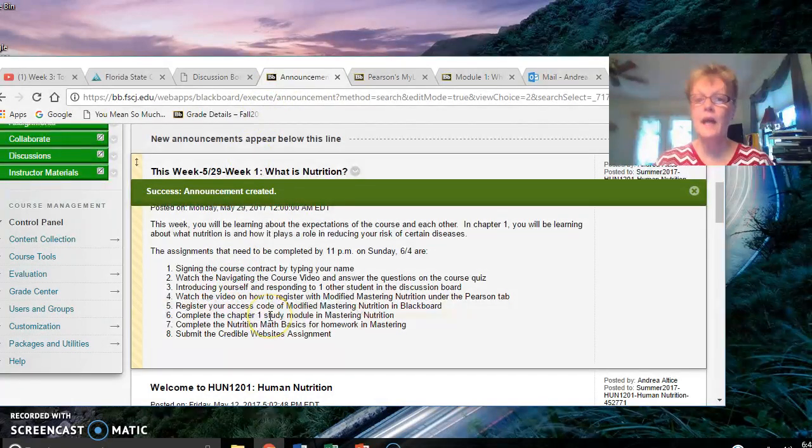Now, the assignments that need to be completed by 11 p.m. on Sunday, June the 4th: you have a couple of assignments in mastering. One of them is the Chapter 1 study module, and the other one is the nutrition math basics. That's a homework assignment. Believe it or not, we have some math in nutrition.